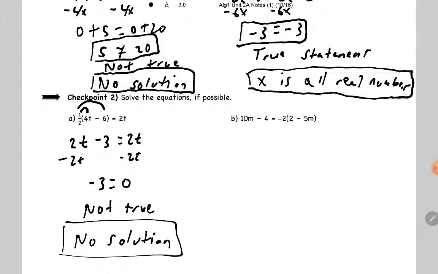Part B, 10m minus 4 equals negative 2 times 2, which is negative 4, and then negative 2 times negative 5. So I have negative 2 times negative 5m here. Negative times a negative is a positive. 2 times 5 is 10, and then m gets tacked on.